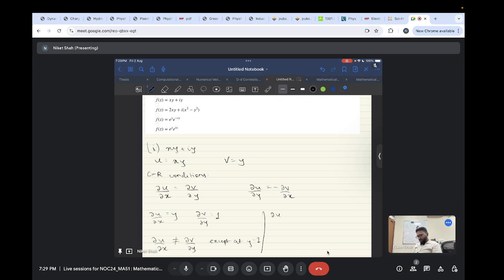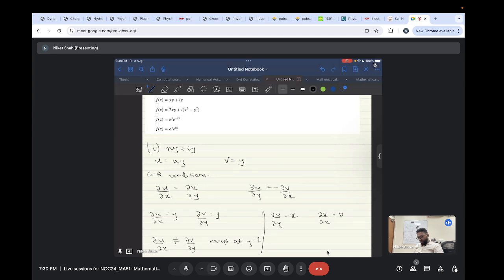Okay, now let's use the next condition. Del u by del y is equal to x. Del v by del x is equal to 0. So what does this give me?